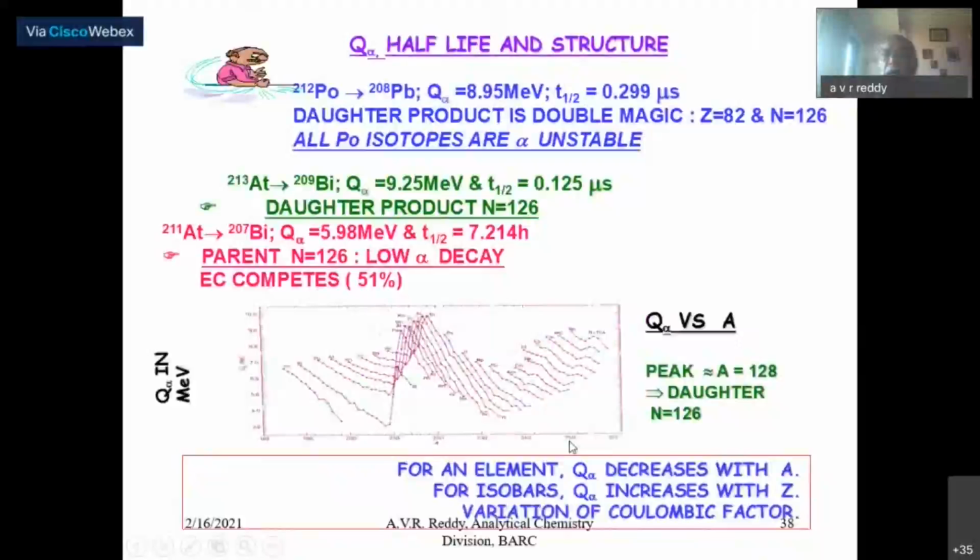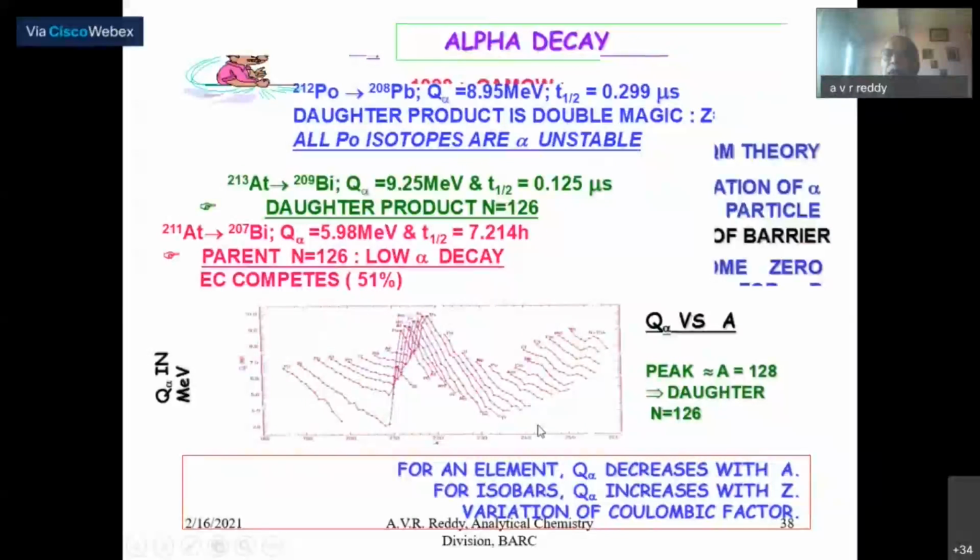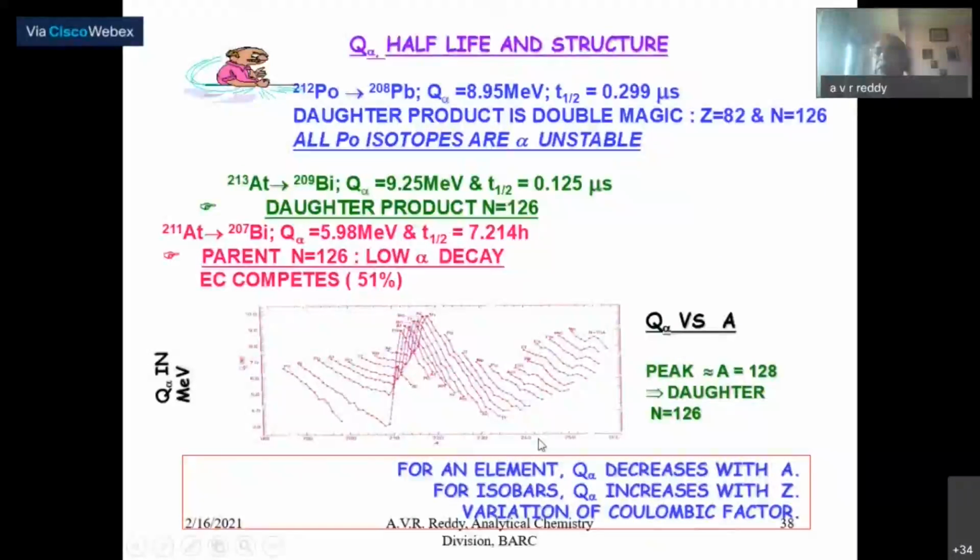Now that's a brief understanding of the theory. But there were many observations that could not be explained, obviously, because there are many assumptions which are very difficult to accept.